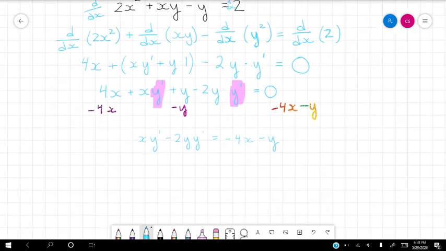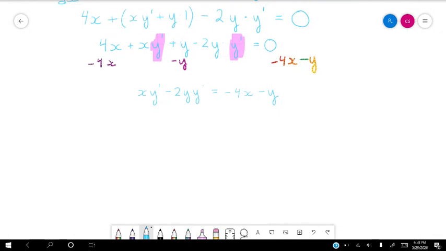So where are we at? y prime, y prime. Let's factor that out. And then the last step is we divide out by that coefficient. Again, you can keep it highlighted to help.